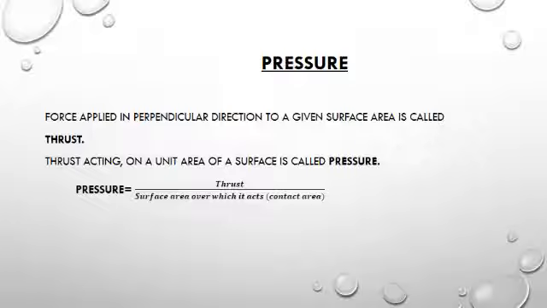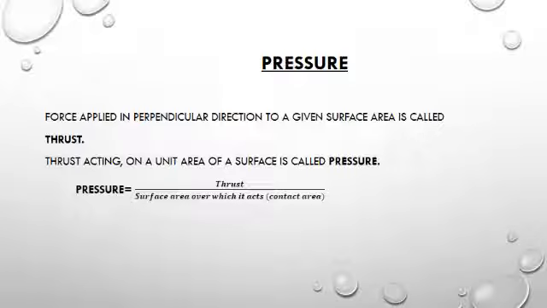Force applied in a perpendicular direction to a given surface area is called thrust. It means when we apply force at 90 degrees, that force is considered as thrust, and the thrust acting on a unit area of a surface is called pressure.